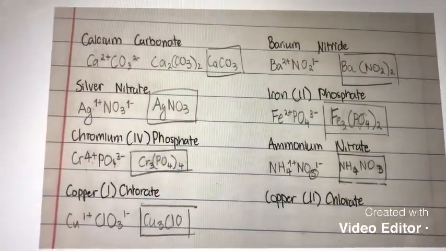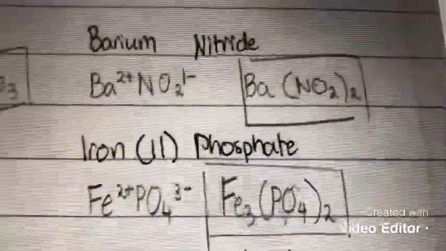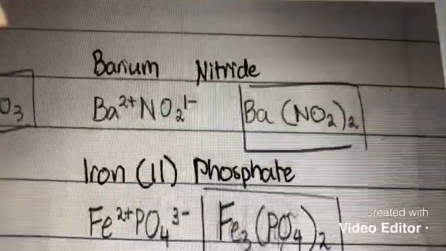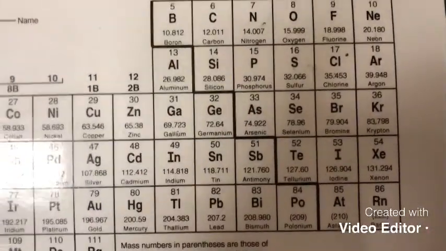Let's pick one. Let's look at barium nitrate. Barium in the periodic table is Ba with a charge, or valence electron, of 2.